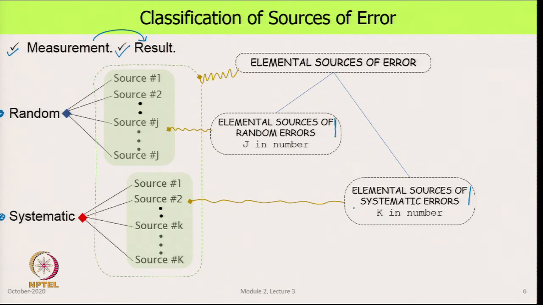So, k is an integer, j is an integer. And both these put together, they comprise the superset of elemental sources of error. If we are looking at a measurement, these would be elemental sources of error in a measurement. Typically, that is what we will do.